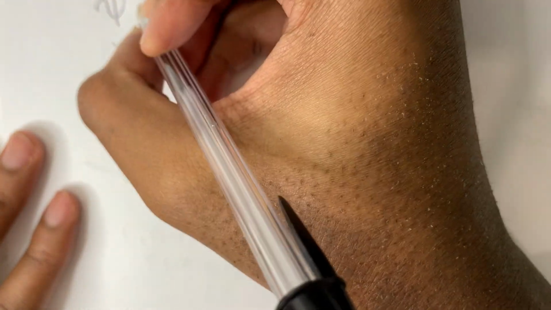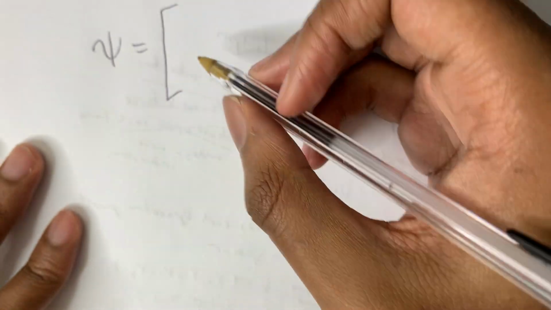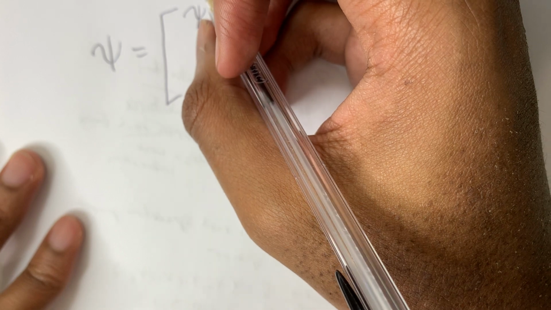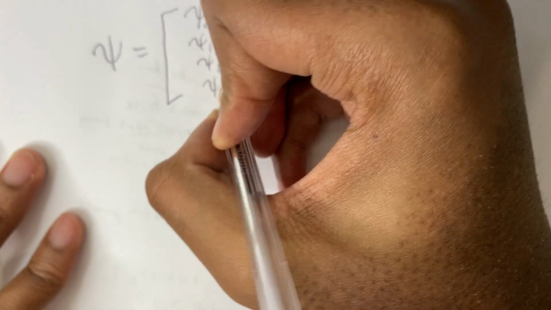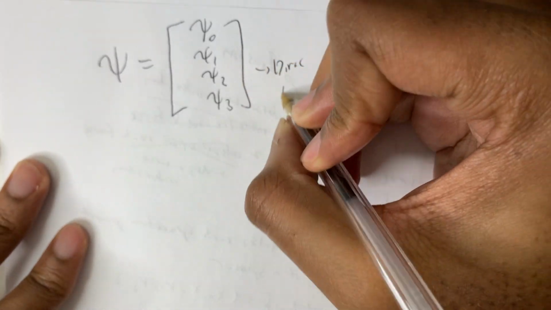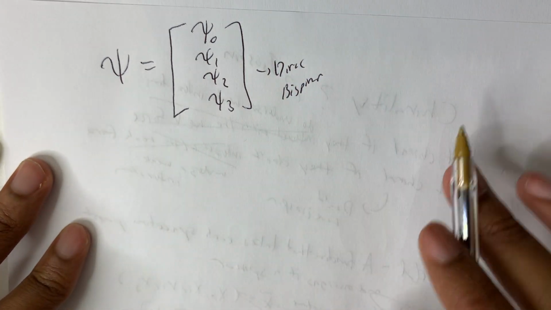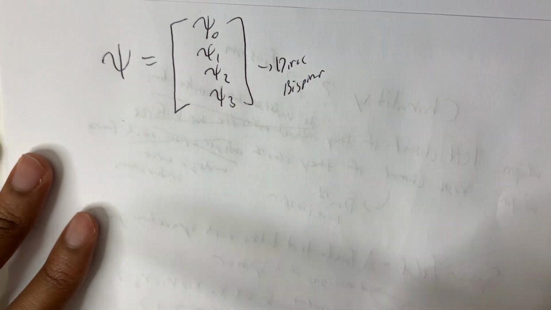If you remember from my space-time algebra video, we said that the Dirac bispinor is a 4-component spinor with psi 0, psi 1, psi 2, psi 3. If you're unfamiliar with that concept, I recommend watching my space-time algebra video. So this is the Dirac bispinor.